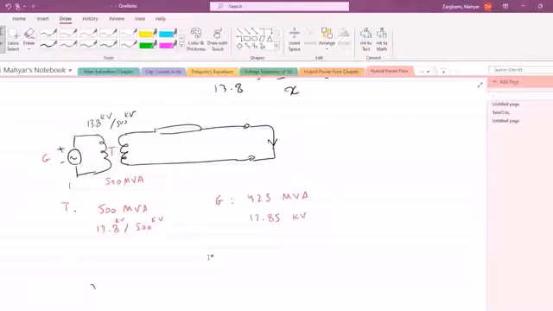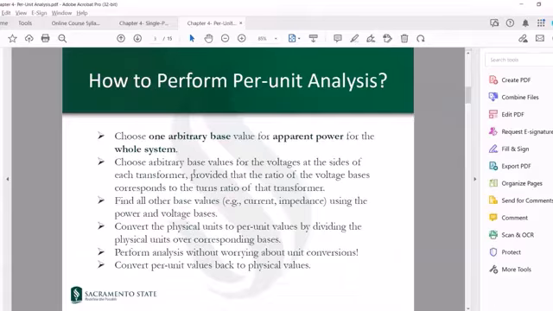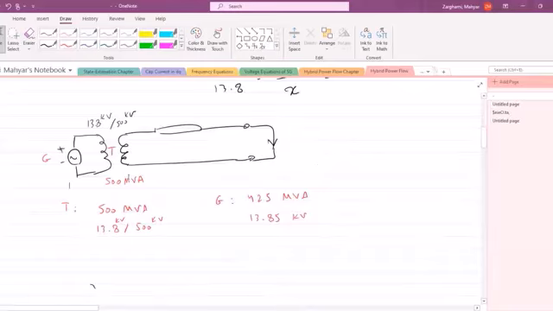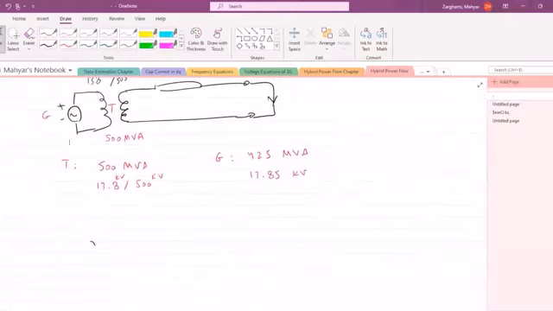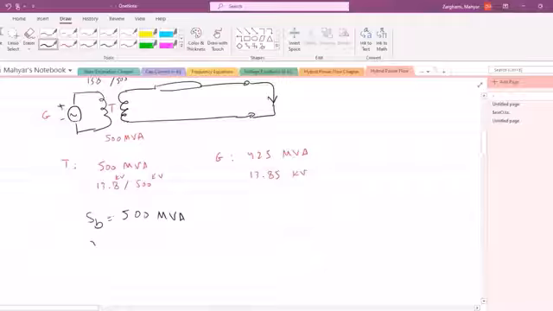So, talking about the same system, rule number 1 in per unitization was that you need to choose one arbitrary base value for the apparent power for this whole system. Although this arbitrary value could be any number, it makes sense to choose a base of 500 MVA for the whole system.